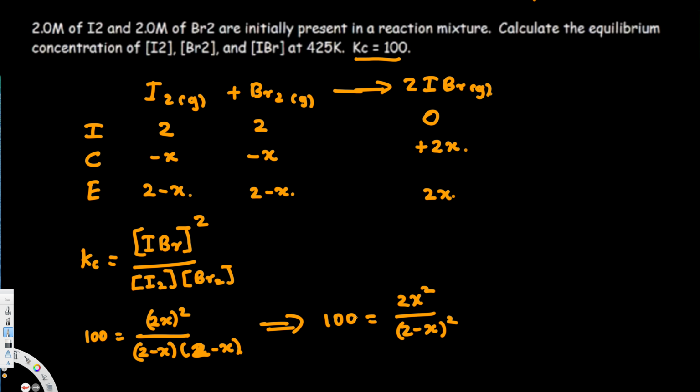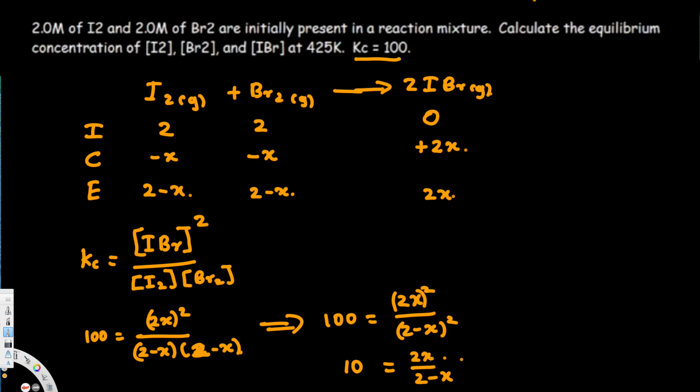And if I take the square root of both sides, this is going to become 10, and this side, which is actually (2x) whole squared, is going to become 2x over 2 minus x, right? Now we can solve for the x value.